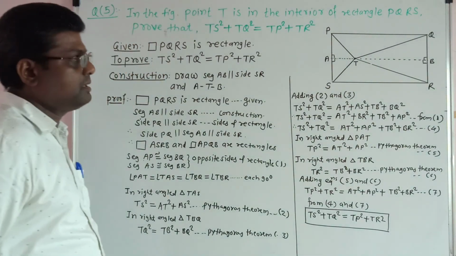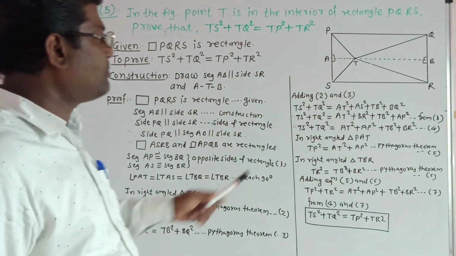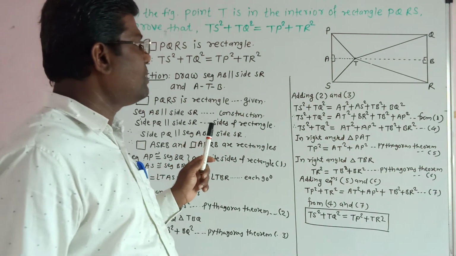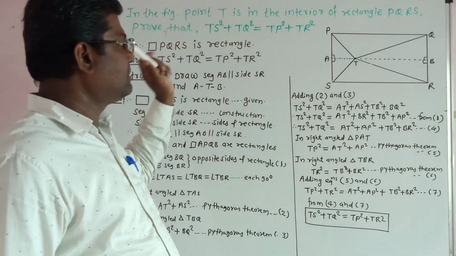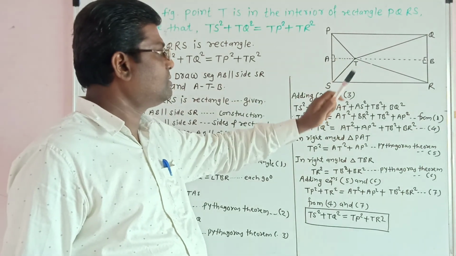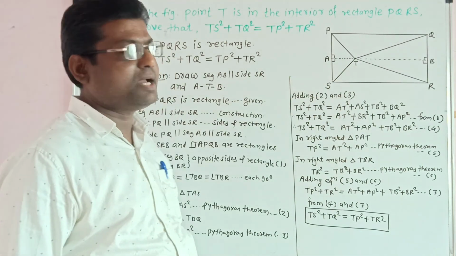Example number 5. In the figure, point T is in the interior of rectangle PQRS. Prove that TS square plus TQ square is equal to TP square plus TR square.